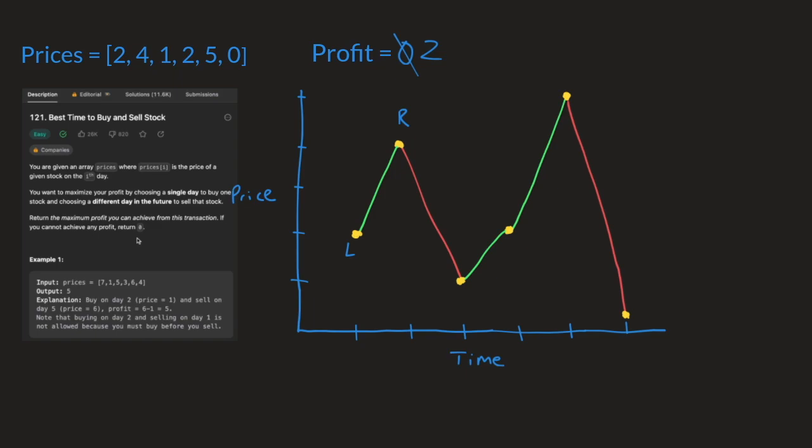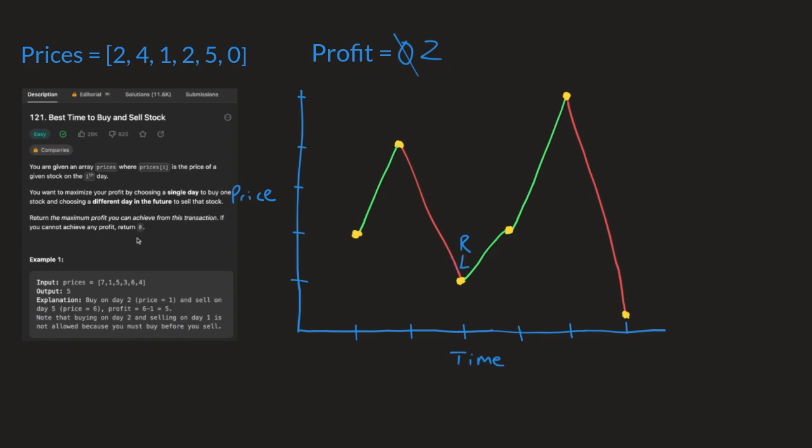Now we iterate on to the next element in the array, and we increment the right pointer by 1. So now the right pointer is at the third element in the array, and we do our 2 checks. Is right less than left? Yes, it is. So in that case, we move the left pointer over to equal the right pointer.